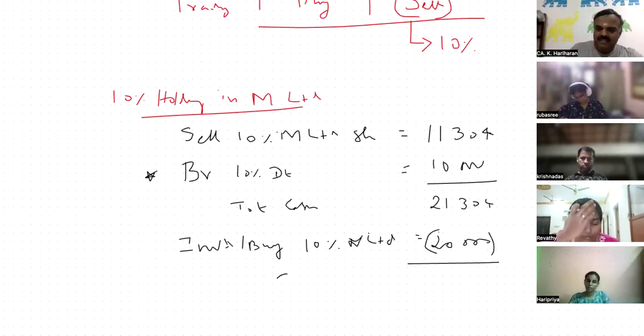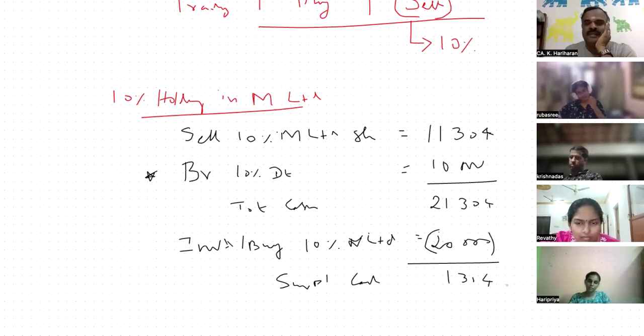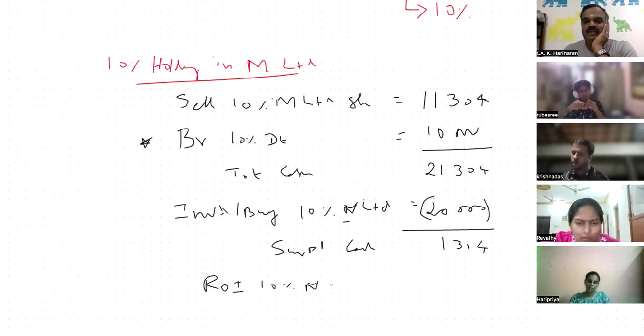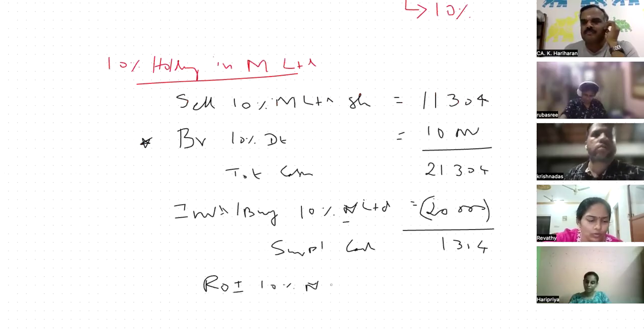Same 10% from N Limited. Am I right or not? If you are holding 10%, 10% of the N Limited income is your income. Total earnings for N Limited, earnings available to equity shareholders, is 20,000.